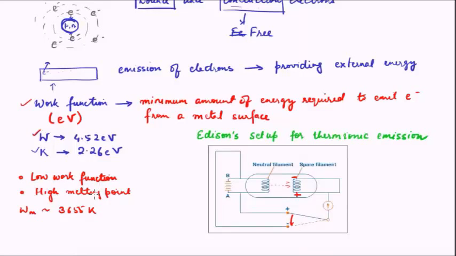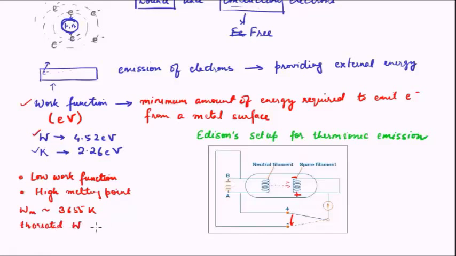But again, there is a simple modification in tungsten which can make it a much more effective thermionic emitter. What is it? Suppose that instead of using pure tungsten, you use thoriated tungsten. So basically thoriated tungsten is tungsten coated with carbon and thorium. Let me write it down. Thoriated tungsten.